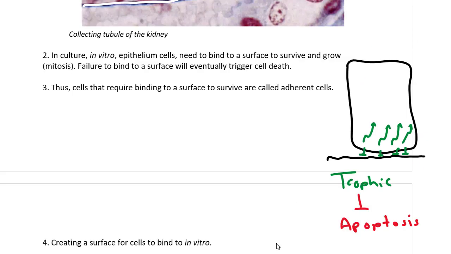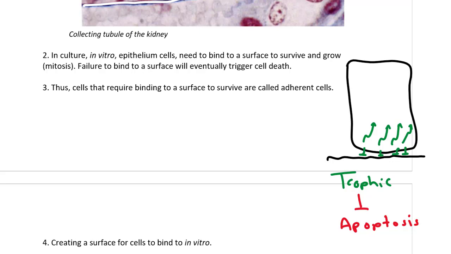In the absence of these trophic signals, the cell will actually get closer or be pushed through apoptosis. So it's very important for these cells to bind to some sort of basement membrane type of thing, or bind to something. Otherwise, they're going to die.